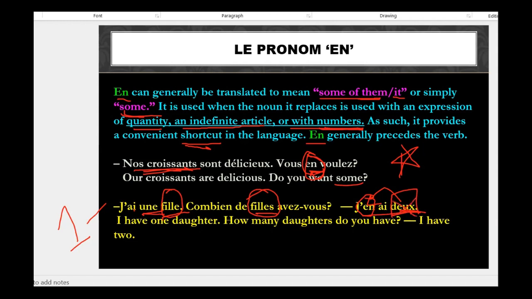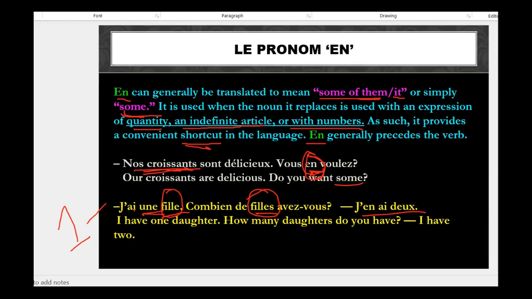If you don't mention the quantity, we will not know how many daughters or how many bottles are there on the table. Il faut toujours mentionner la quantité ou bien les chiffres. 1, 2, 3, 4, 5, whatever. So you say, I have two of them. Okay. So it is j'en ai deux.